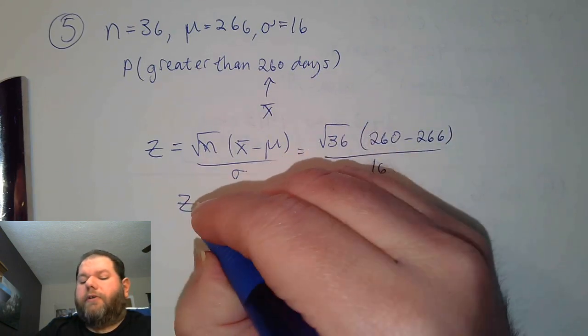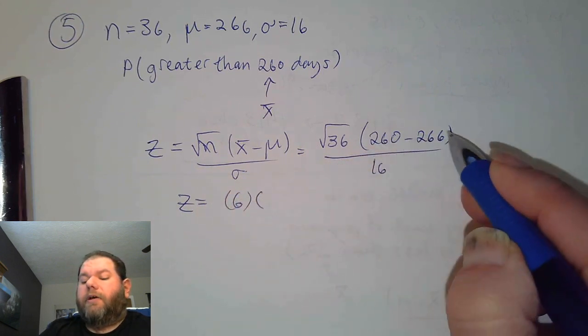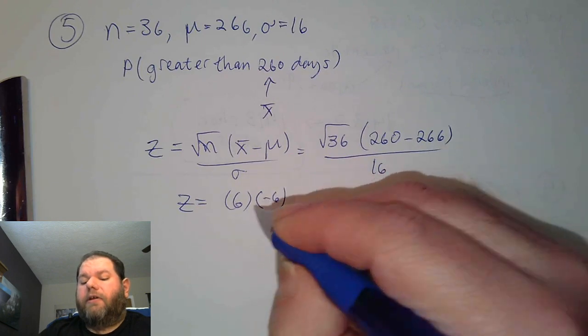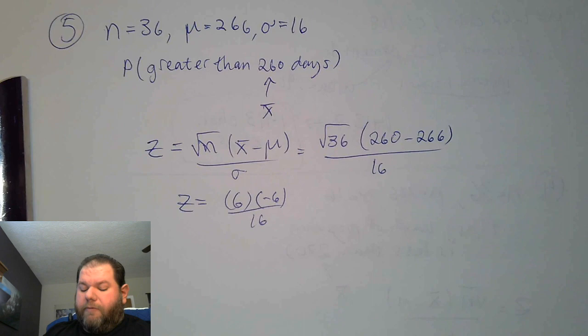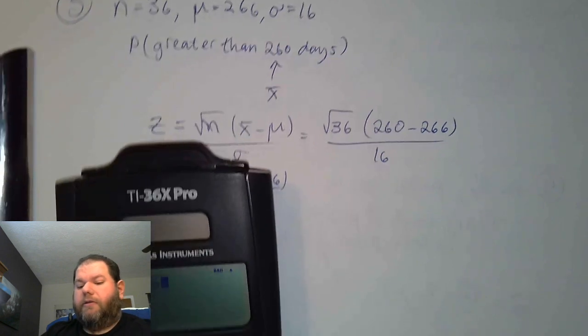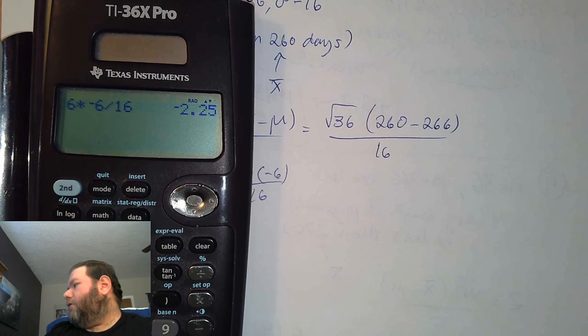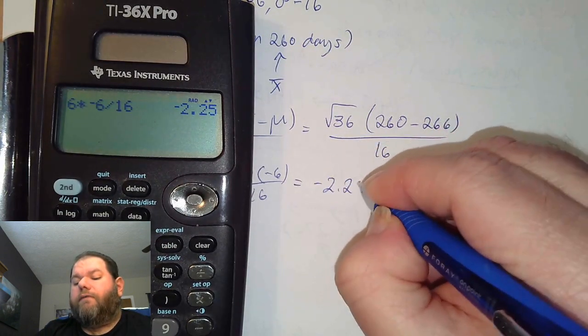Now square root of 36 we know is 6. 260 minus 266 is negative 6, and then it's over 16. So we would take 6 times negative 6 and then divide by 16. And so that ends up being negative 2.25.